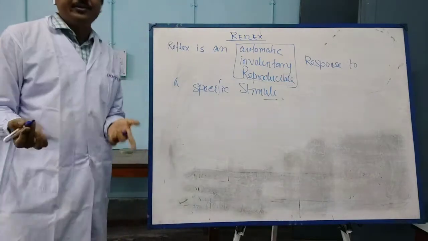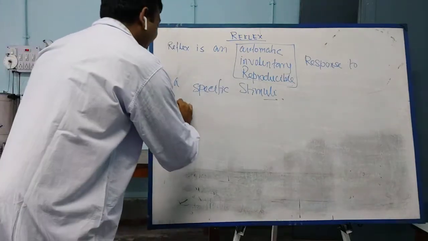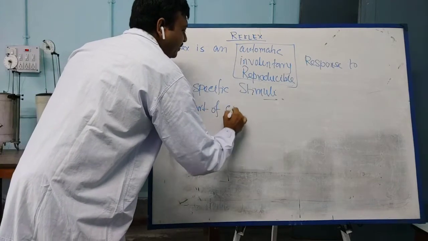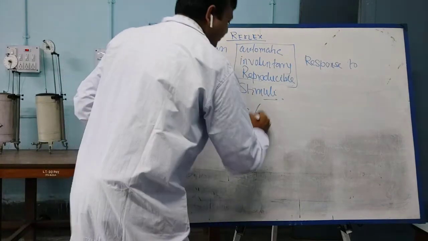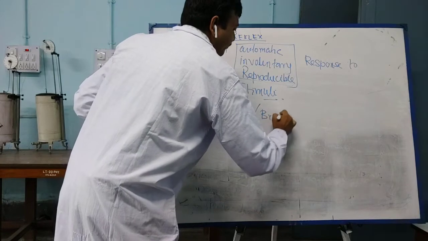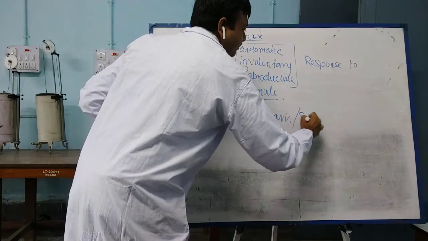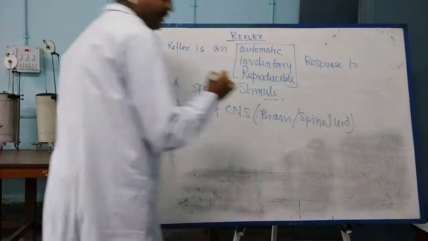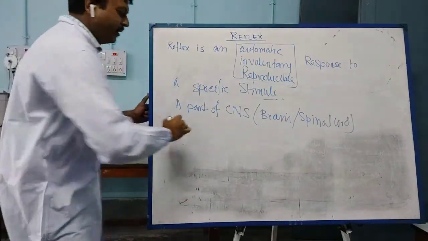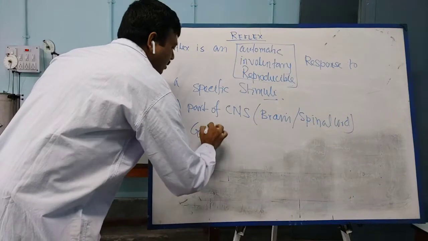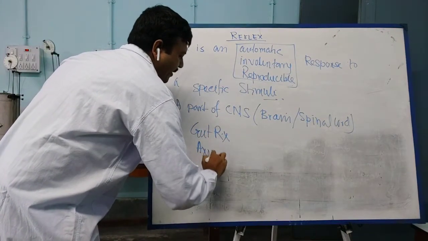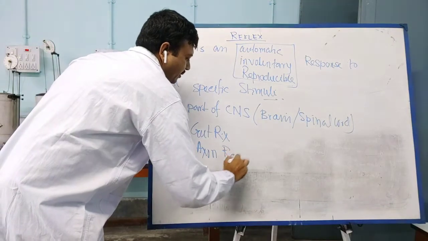Reflex always needs a part of the CNS, that is brain or spinal cord, except some reflexes, that is gut reflex and axon reflex.